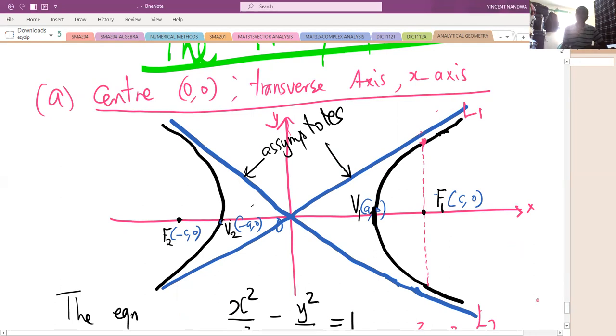So the x value on this line will always be the same. In fact, all points on this vertical line will have the value of x to be c.